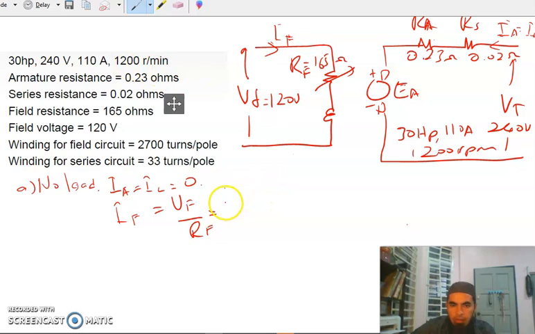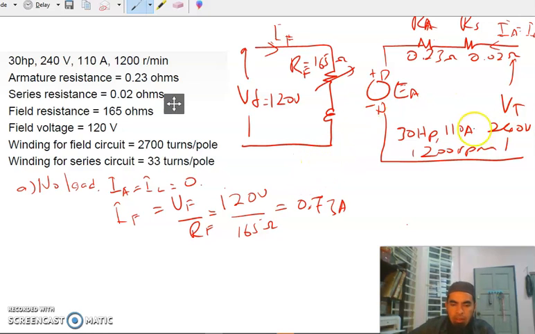So the amount of IF at this time is VF, which is 120 volt, divided by RF of 165 ohm. So you will get 0.73 ampere of IF. This is the amount of field current when there is no load condition, 0.73 ampere.